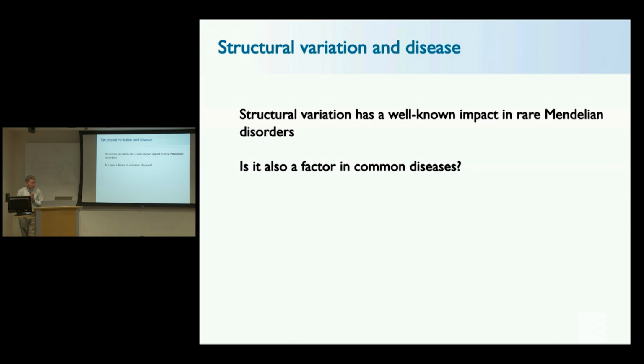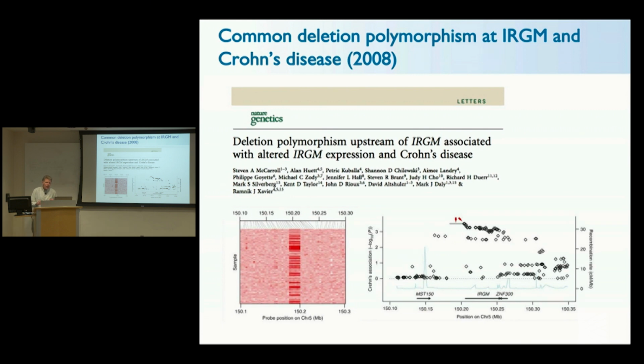So we know that structural variation definitely has impacts on rare Mendelian disorders, but what have been the stories and the successes in terms of relating it to common disease? So sometimes there are cases where we find CNVs, even simple deletions that seem to have phenotypic effect. An early example was this deletion upstream of the RGM gene that was found by Steve McCarroll.